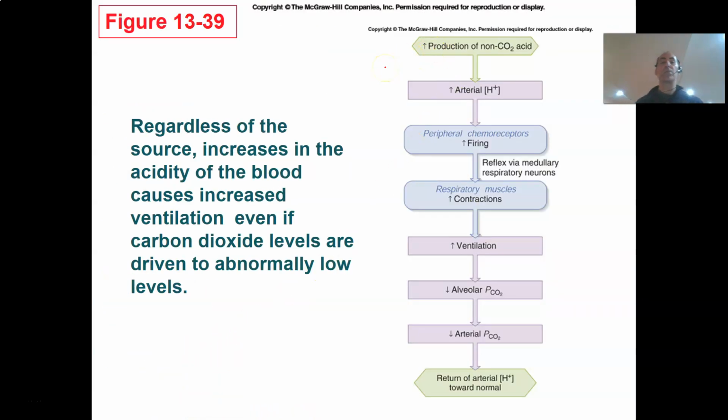So if you produce more non-CO2 acid, it will increase the hydrogen ion concentration in the arteries. The peripheral chemoreceptors increase their firing. The central chemoreceptors will also do that. The respiratory muscles contract more, increase ventilation, which will then decrease alveolar PCO2, which will then decrease arterial PCO2, which will then return the arterial hydrogen ion content back to normal.